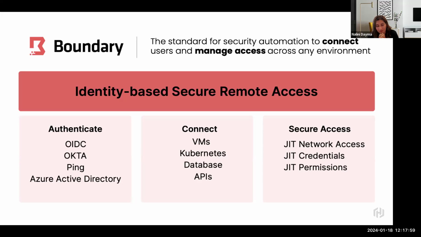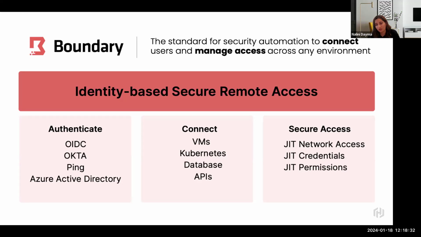So it has the capability to provide you credentials, and you can then key in the credentials yourself to connect to a server, or you can configure Boundary to inject the credentials for you. And so the credentials are never exposed to the end user. Again, all these credentials can be statically stored, or they can be dynamically generated with the integrations that Boundary has.